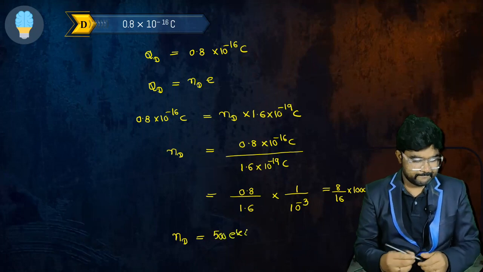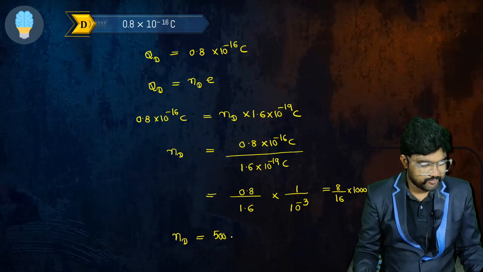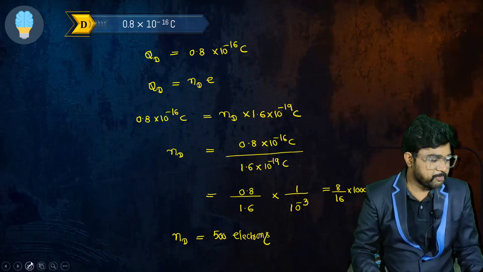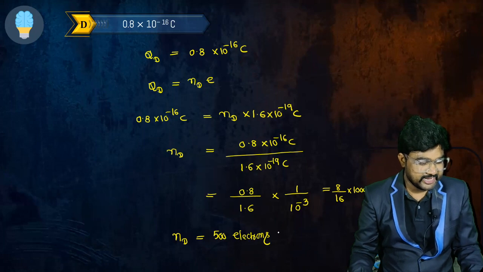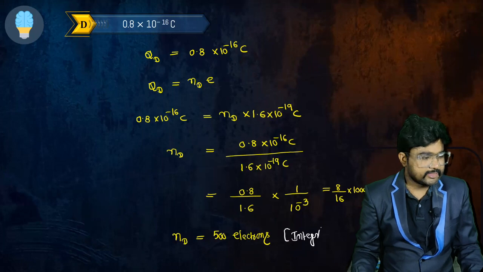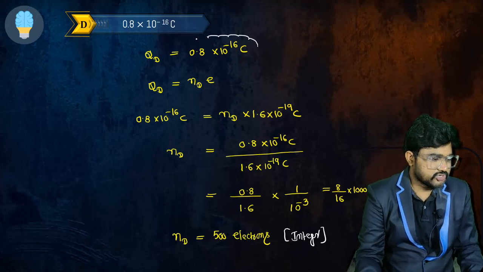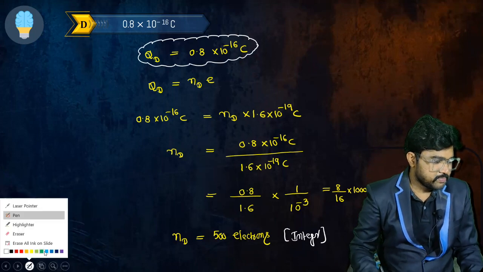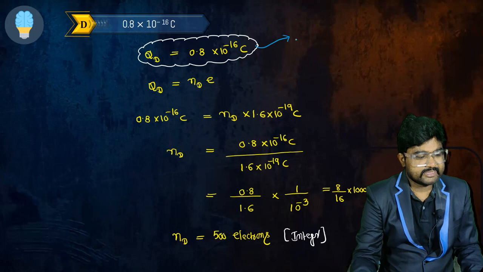It's an integer value, so 500 is a possible number of electrons. That means this particular charge is possible.